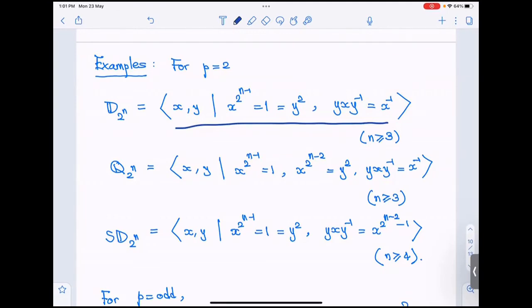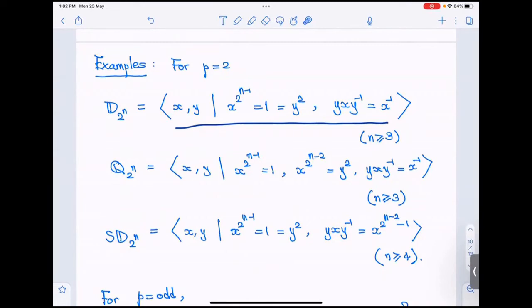The third one, the semi-dihedral, is a similar case because the relations look very similar: these two generate cyclic groups, and you have a semi-direct factor given by some kind of unit in the ring modulo 2^n. The quaternion stays a bit away from this. It is not a semi-direct product, but rather an amalgam of two cyclic groups.